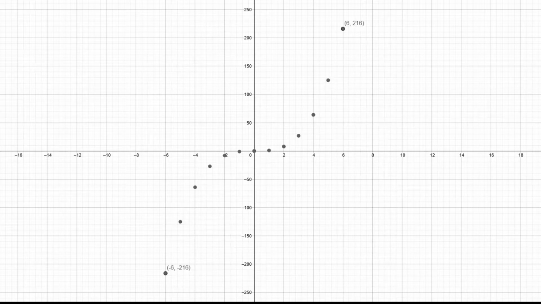For example, if x is negative 1, then y will be negative 1 times negative 1 times negative 1, which is negative 1 rather than positive 1. We can now see the shape of the curve that goes through these points. Here is the shape of y equals x cubed.